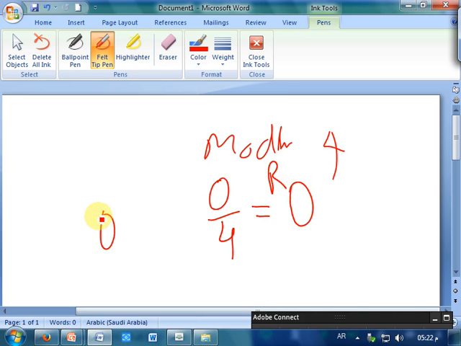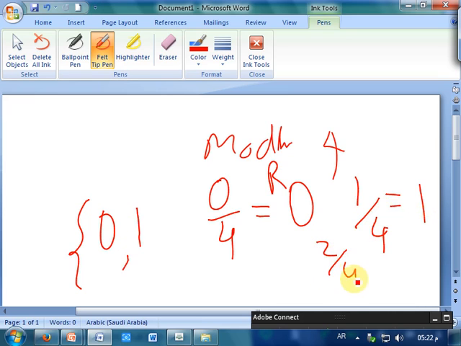So 0 is one element in the set. The next, 1 divided by 4, it will not divide, the remaining is 1 only. 2 divided by 4, the remaining is 2 only. 3 divided by 4, the remaining is 3 only.